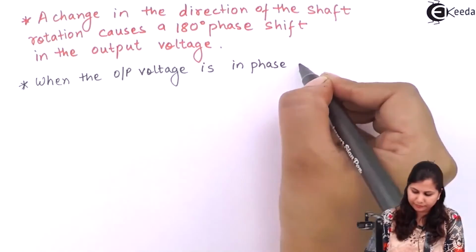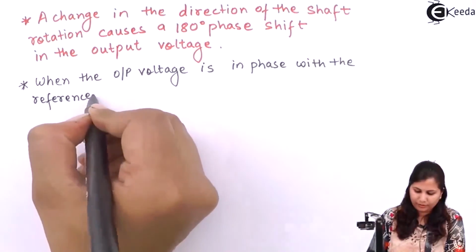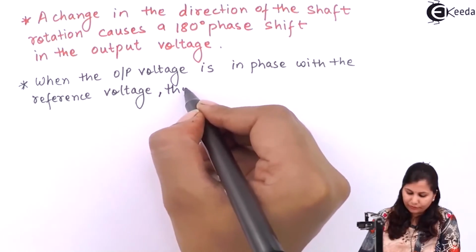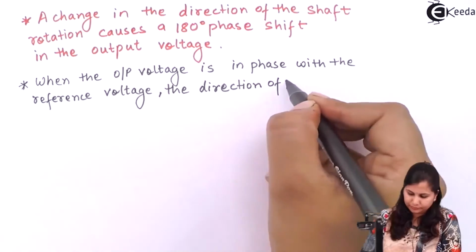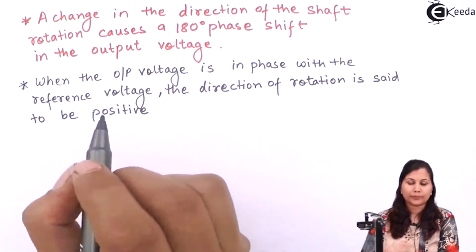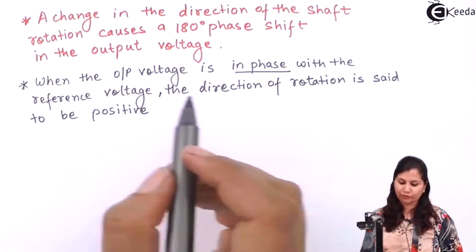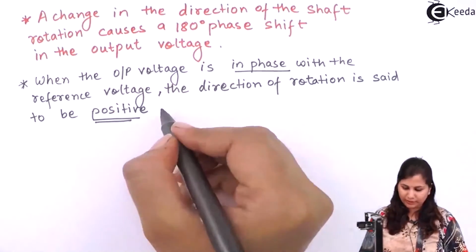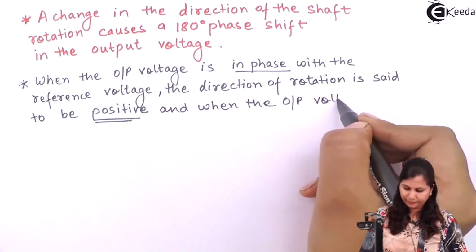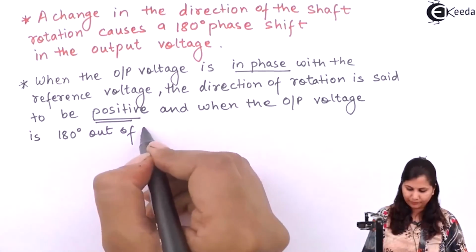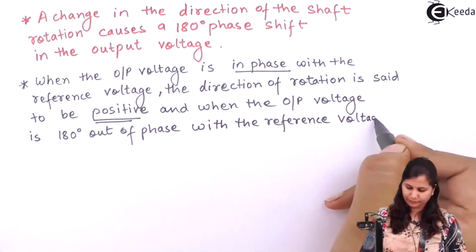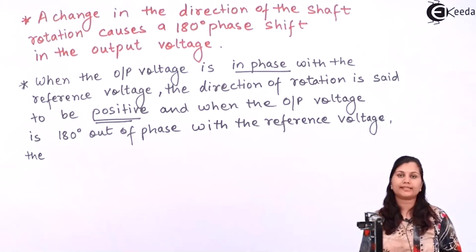So when the output voltage is in phase with the reference voltage, the direction of rotation is, suppose, taken as positive, and when the output voltage is 180-degree out of phase with the reference voltage, the direction of rotation is said to be negative.